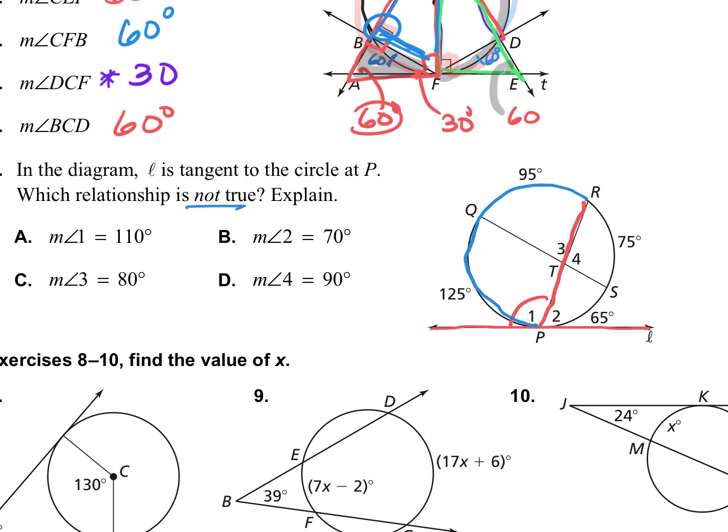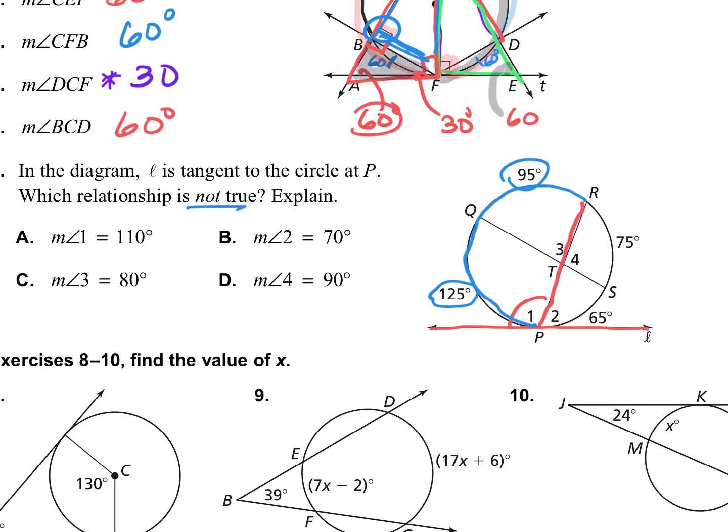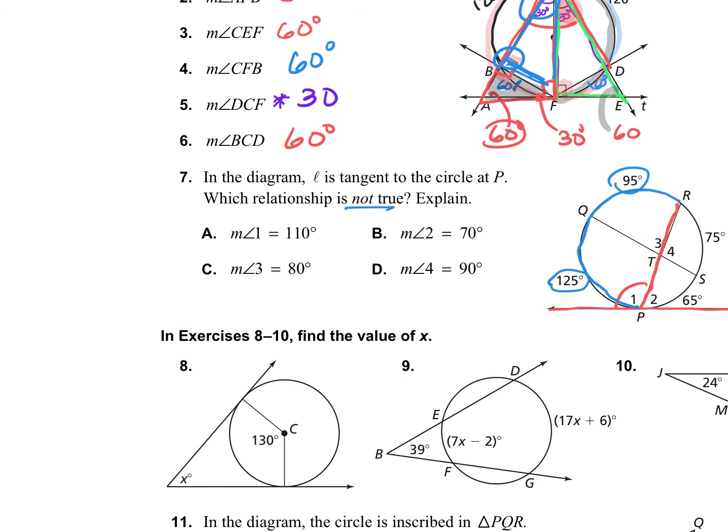So angle 1's intercepted arc is going to be 95 plus 125 divided by 2. So let's see if that gives me 110. So when I add 95 and 125, I end up getting 220, and then 220 divided by 2 is 110. So answer choice A is correct.